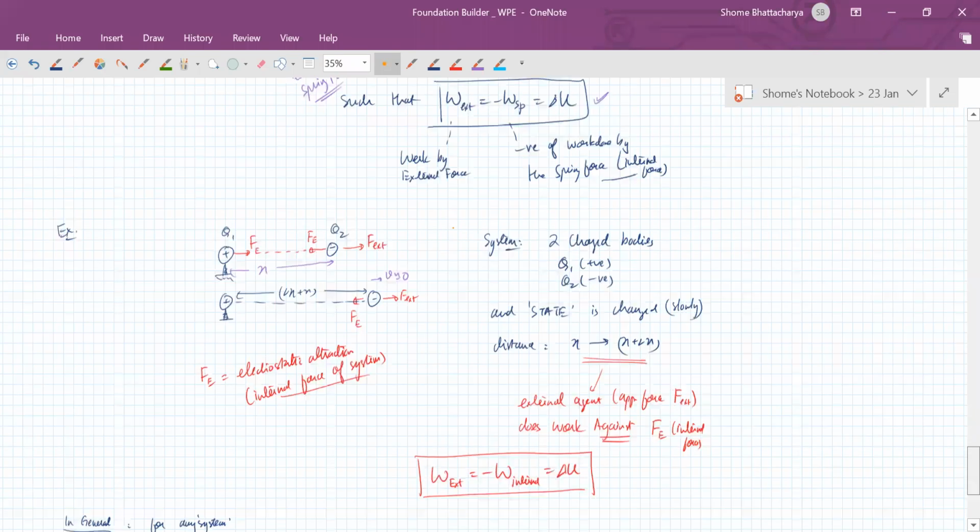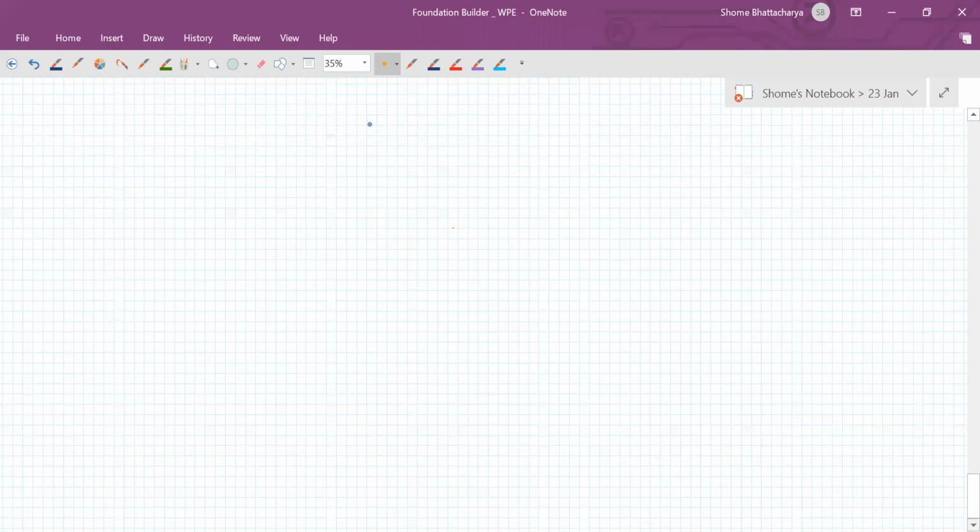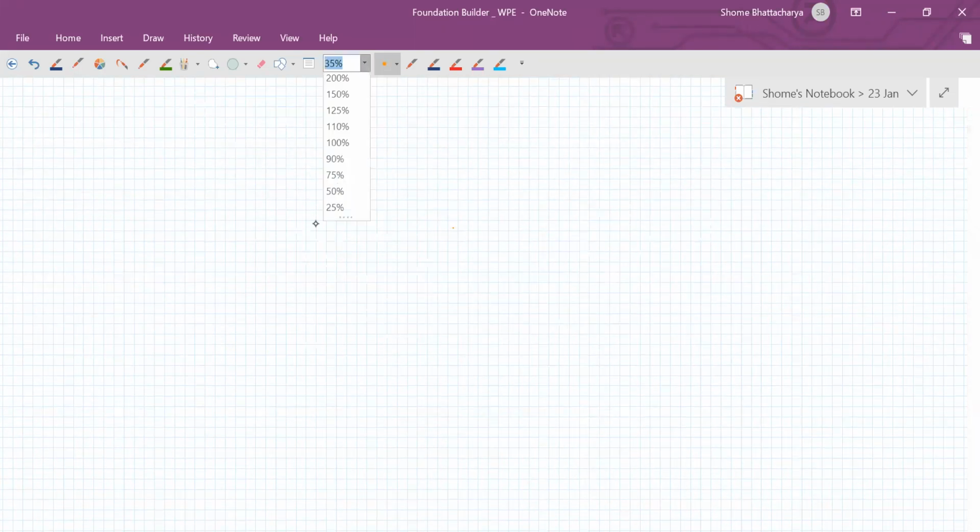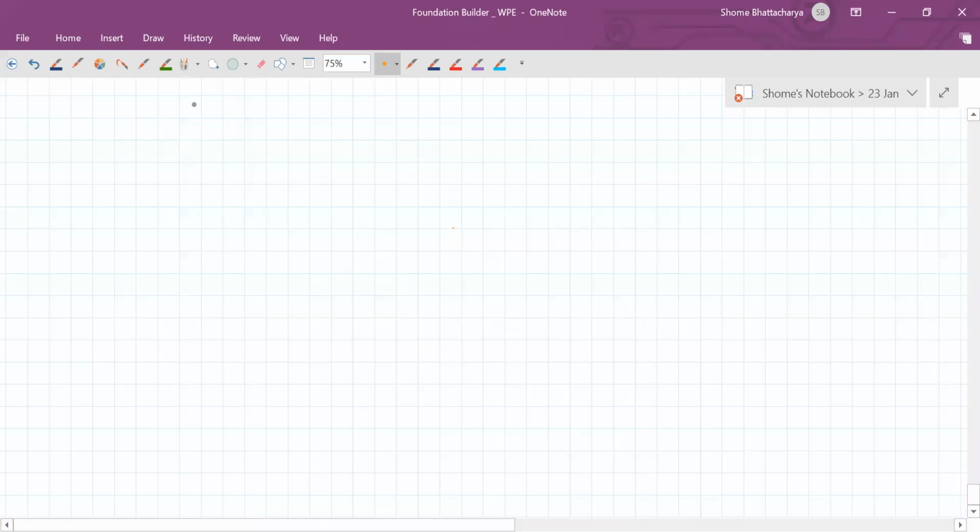Okay, so hope this is clear, people. Now we come to, so we've understood that for a system, delta U is the negative of the work done by the internal conservative force, or minus the integration of F internal conservative dot ds. So now we'll see what is called the work energy theorem.